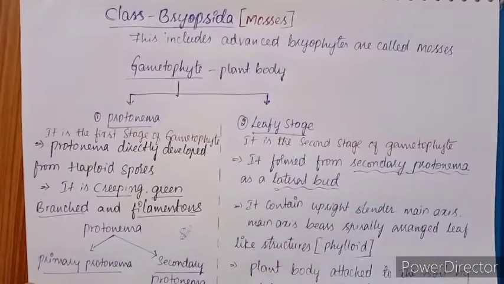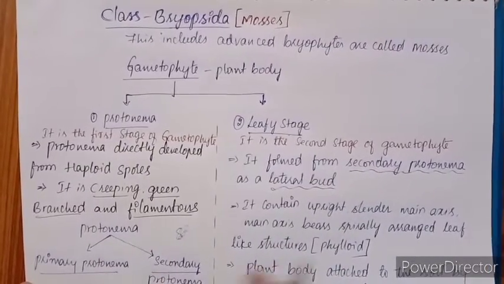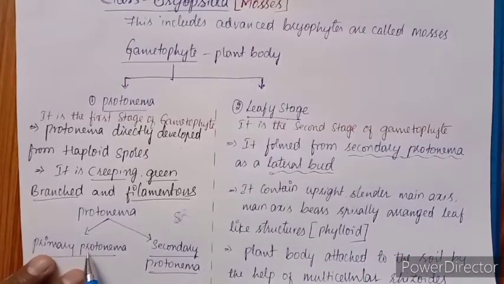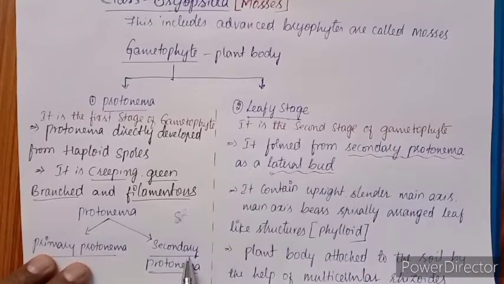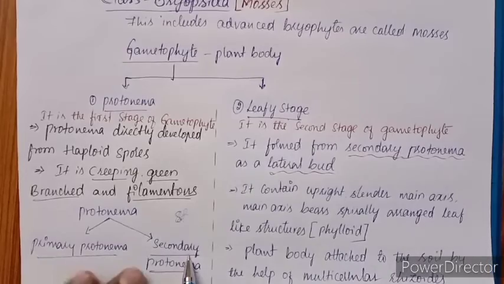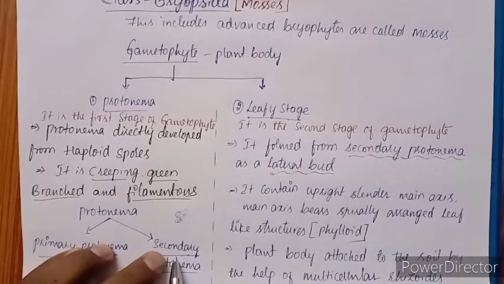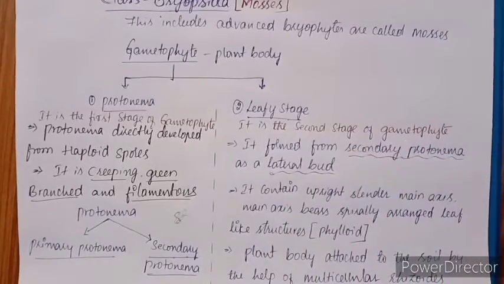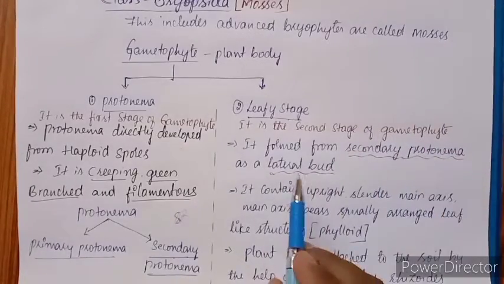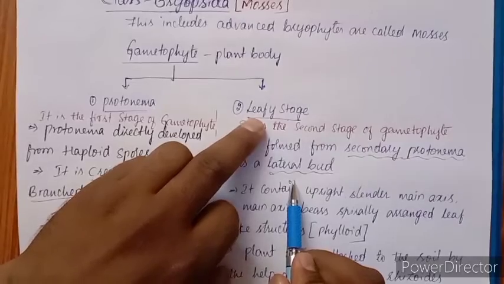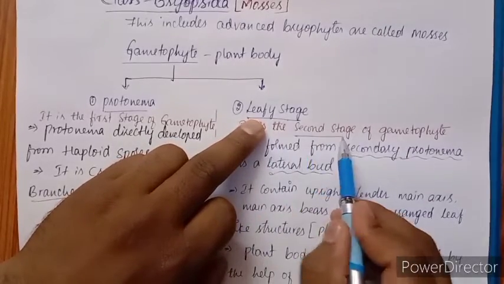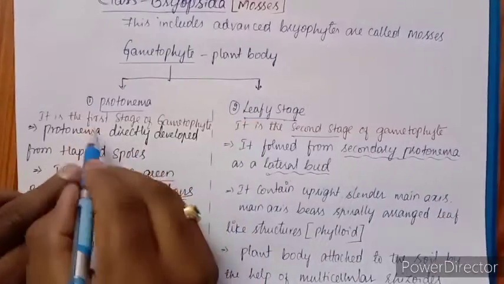Protonema is of two types, primary protonema and secondary protonema. The primary protonema develops into the secondary protonema, which produces lateral buds towards the lateral side, and only these lateral buds form the leafy stage. So the leafy stage is the second stage of the gametophyte, where protonema is the first stage.